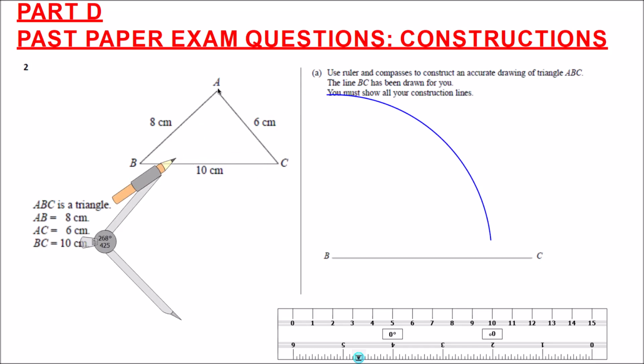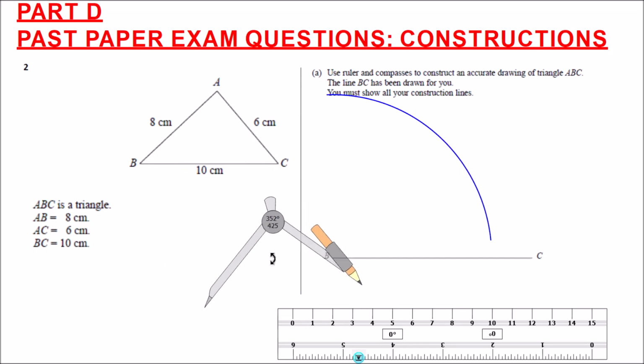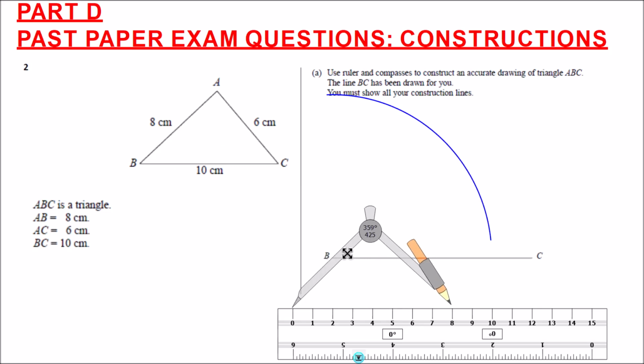However, point A is also 6 centimeters away from point C. And so what we can do next is change the compass width to 6 centimeters.